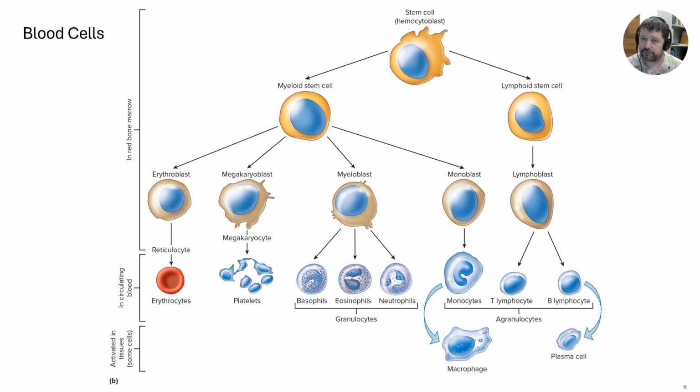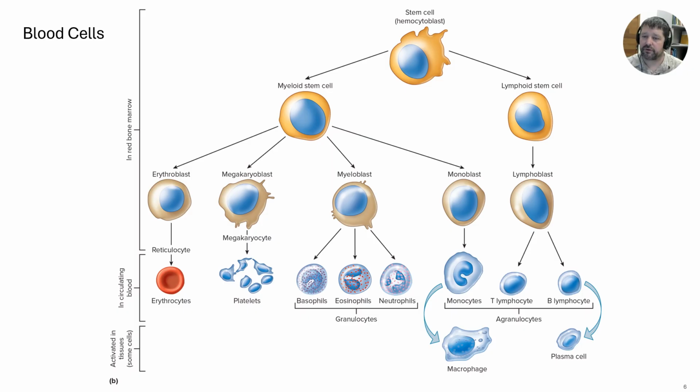If we go this direction first, that lymphoid stem cell will give rise to a lymphoblast. That lymphoblast, still in the bone marrow, will then either mature in the bone marrow and become a B lymphocyte, or it's going to mature in the thymus. If it matures in the thymus, it's called a T lymphocyte.